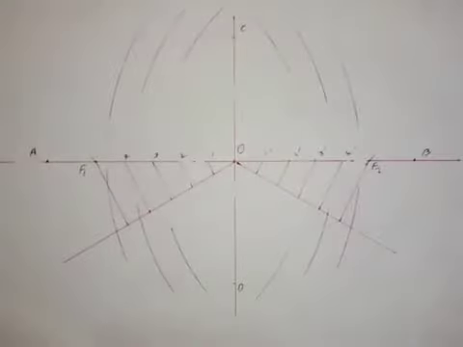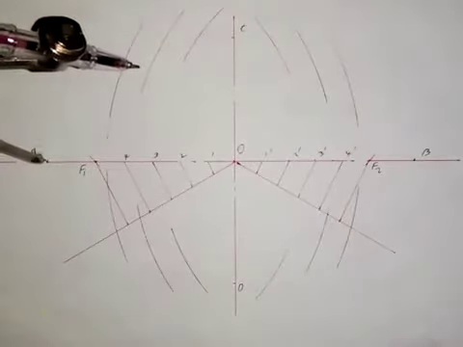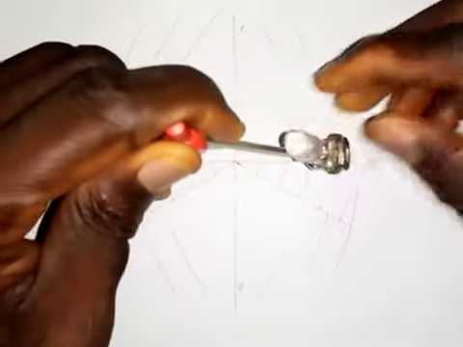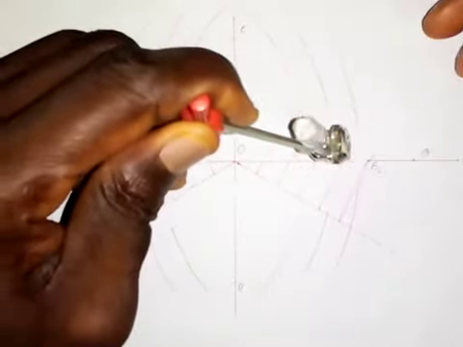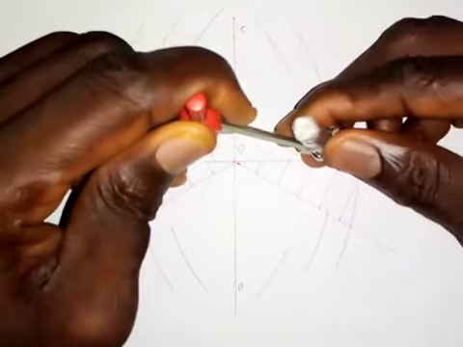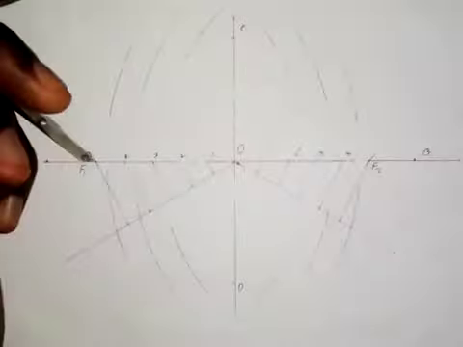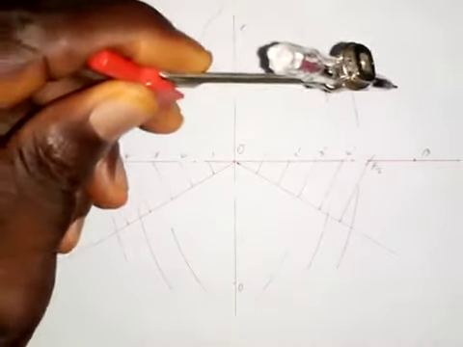All right, so next is put the pinpoint at point A again. Extend it to 4 prime on the right side like this. All right, so then raise it up and put it at F1.